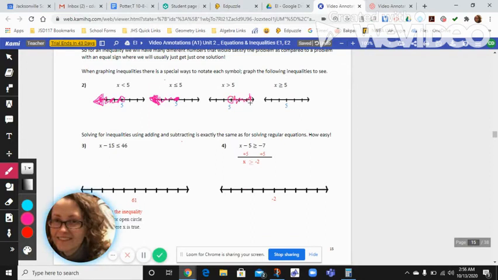And then shading to the right, because my solutions are going to be bigger than 5 or greater than 5. And then this one will again have a filled in circle with shading to the right, including my arrow.